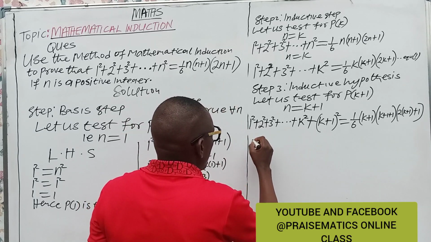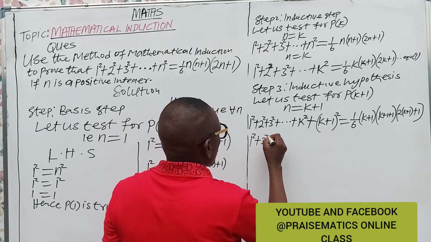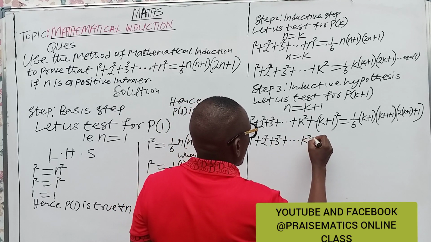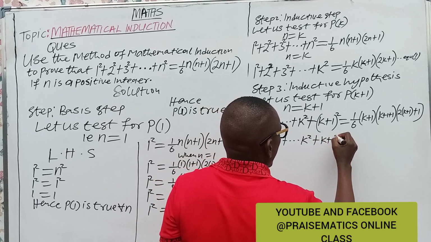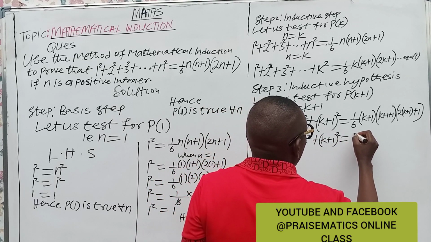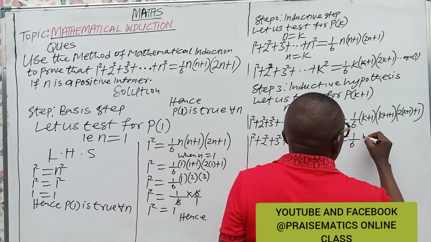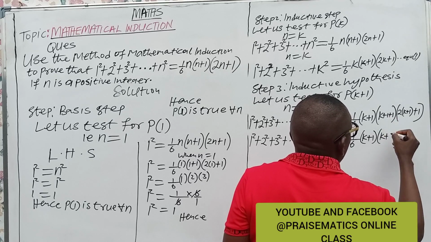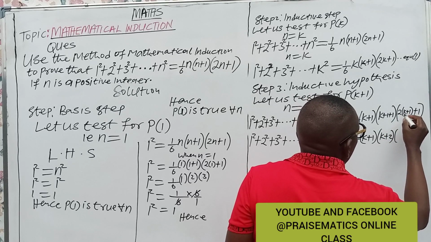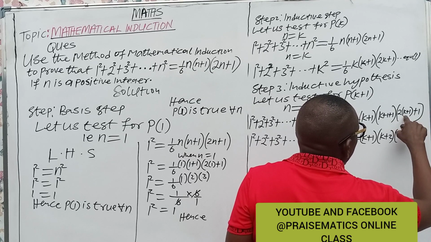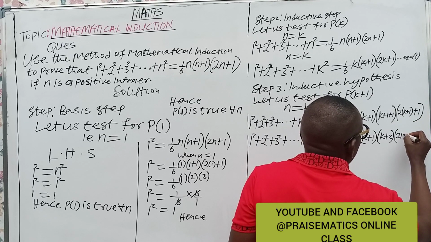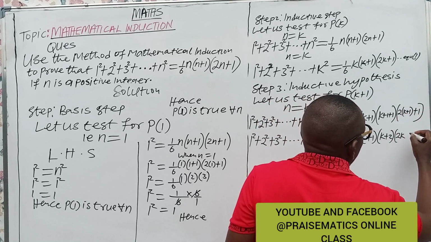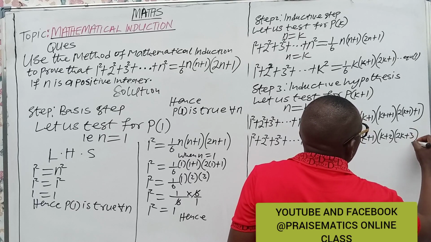Finally we have 1 square plus 2 square plus 3 square plus ... k square plus (k plus 1) square is equal to 1 over 6 (k plus 1), close it, into (k plus 1 plus 1, which is k plus 2), close it, into (2k plus 2 plus 1, which is 2k plus 3), close it.